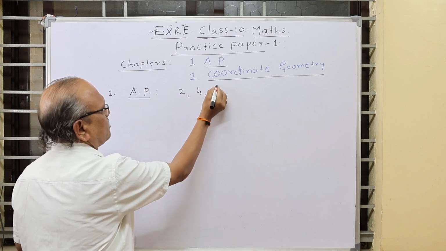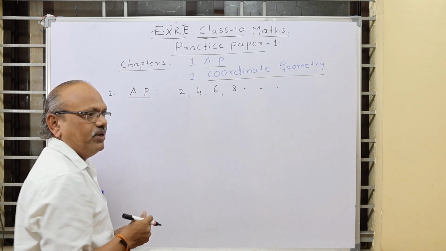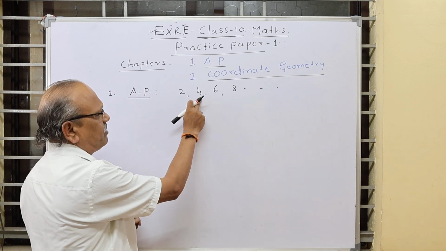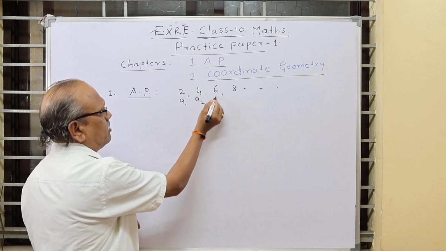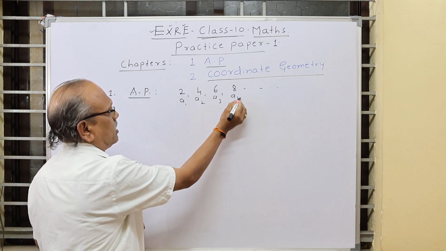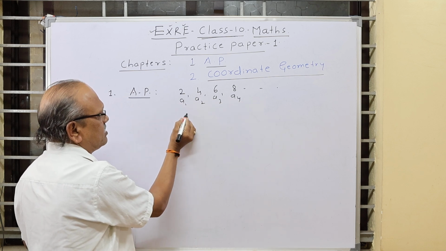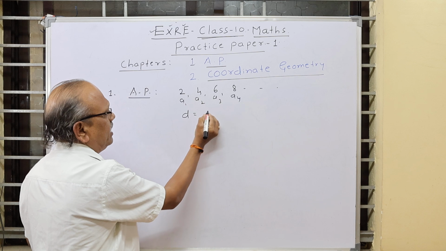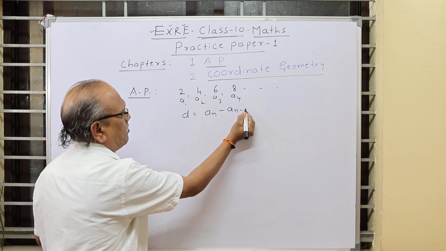2, 4, 6, 8. Is it in AP? Yes, it is in AP. Why? Because the difference between any two consecutive terms is constant. This is the first term A1, second term, third term, fourth term. What is the difference? A2 minus A1. Common difference is given by the formula D is equal to An minus An minus 1.